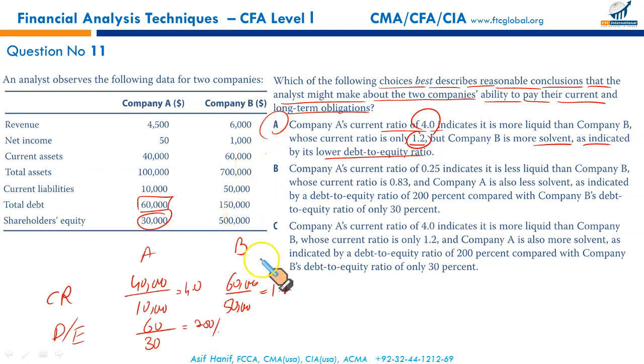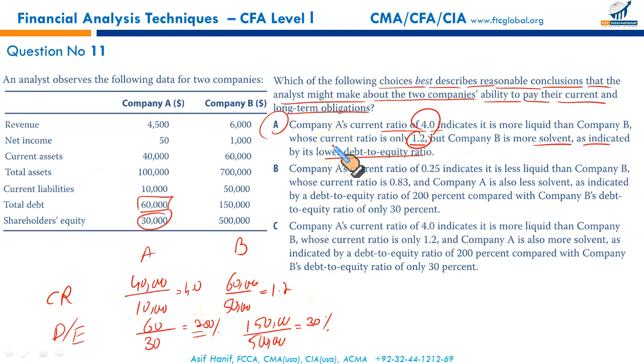For company B, it is 150 divided by 500. This is way lower, just 0.3, or you can write it as 30%. So yes, option A is correct. Company A has more liquidity, and company B has a better solvency position than A.